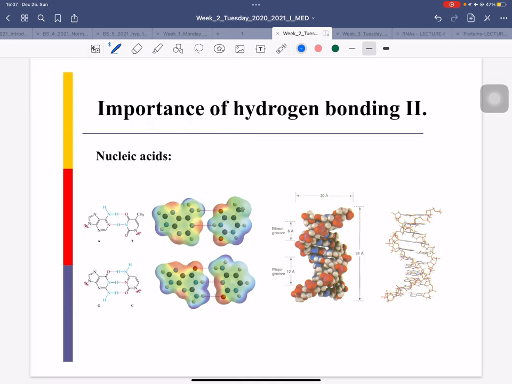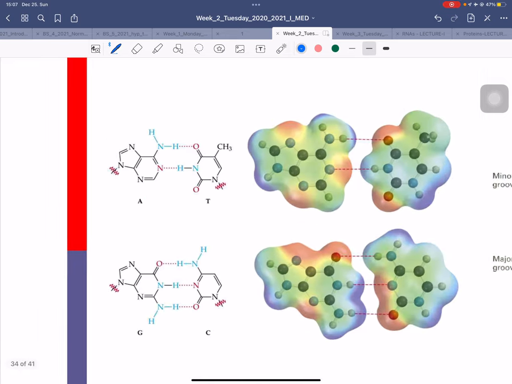Or we can say hydrogen bond we can see in the nucleic acid, in the DNA. In the DNA between A and T, adenine and thymine, or guanine and cytosine, we can find the hydrogen bond. Between A and T, we have a double hydrogen bond, 2 hydrogen bonds, and between guanine and cytosine, we have a triple hydrogen bond, which is very important.